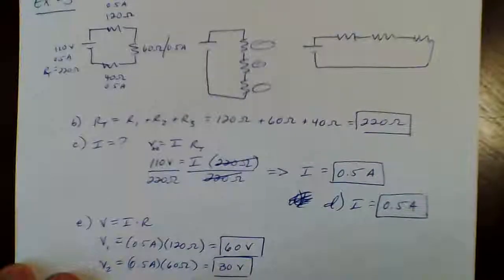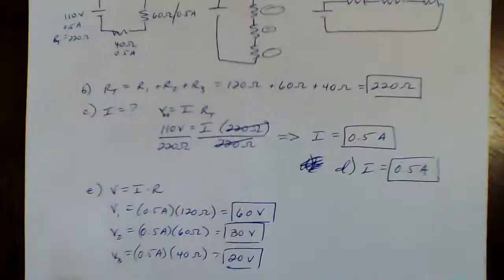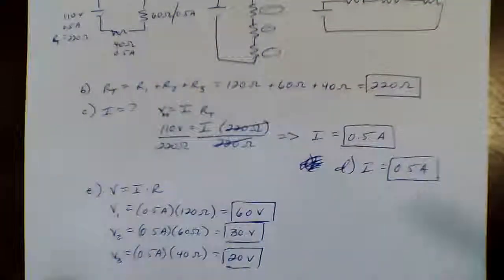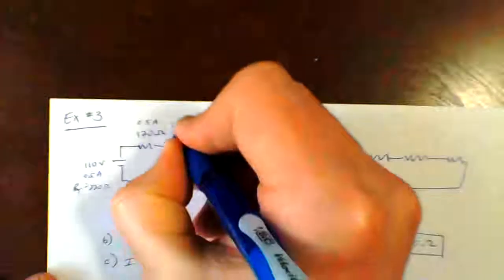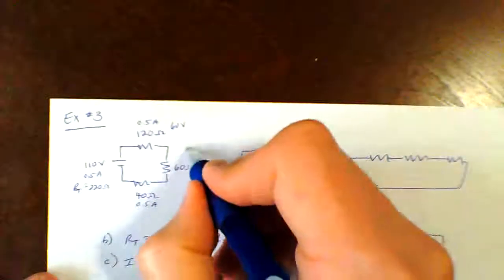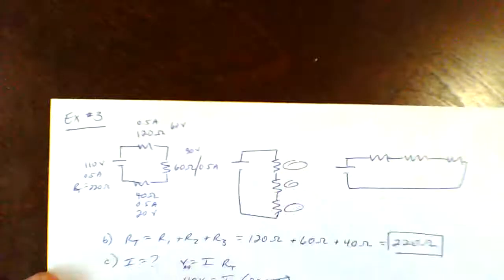And then V3, same thing, 0.5 amps times 40 ohms, and that's going to give us 20 volts. You can't see that, but there it is. So if we want to put that back in the circuit diagram next to everything else, we can go ahead and say 60 volts, 30 volts, and then this one was 20 volts.